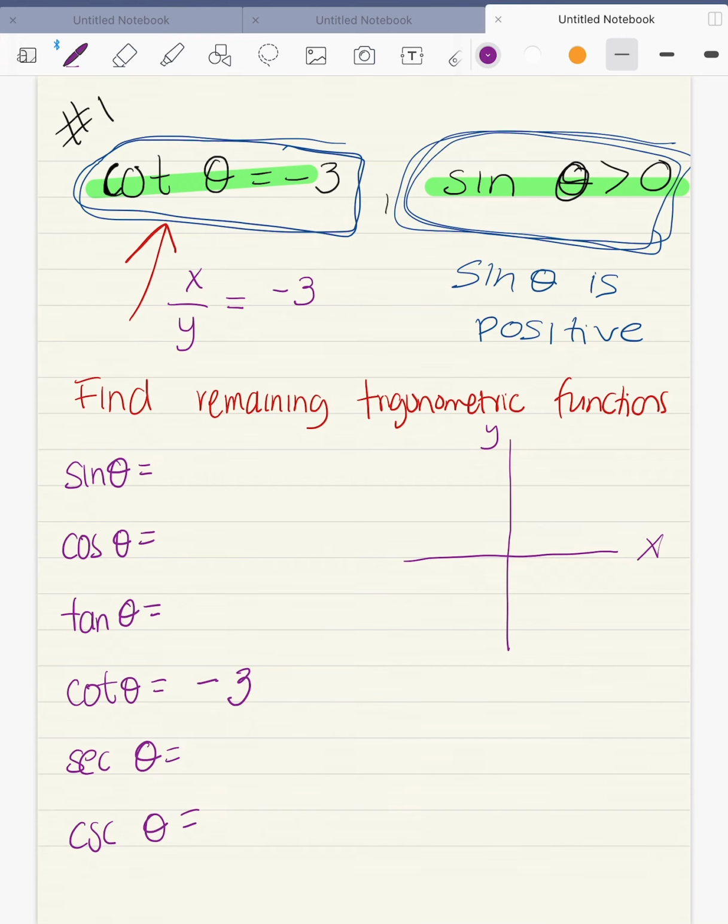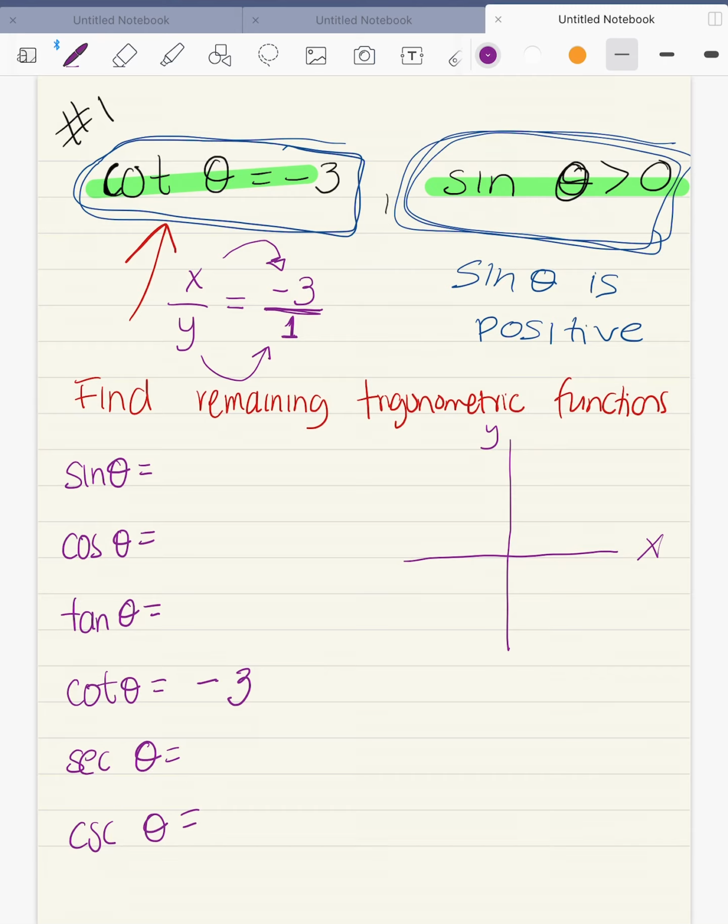So that means that I can put the -3 over 1, right? Because -3 is the same thing as -3 divided by 1. So that means that the x is -3 and then the y is 1.